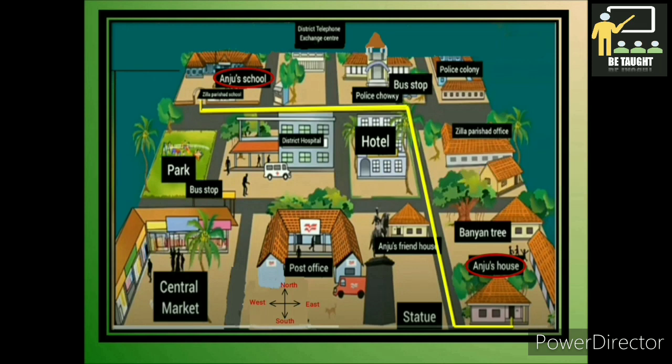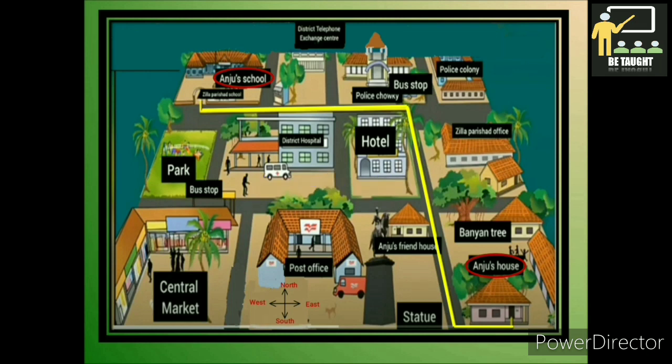Write the directions in which the places on the main road are situated. From the main road, the police colony, bus stop, police chowki, district telephone exchange center are situated in the north direction, while the hotel, district hospital, and park are situated to the south direction.